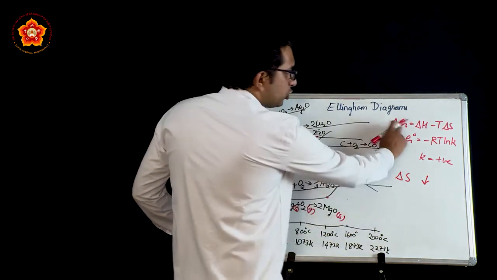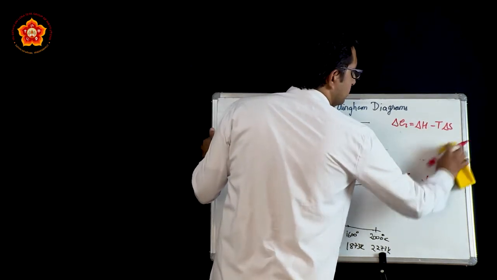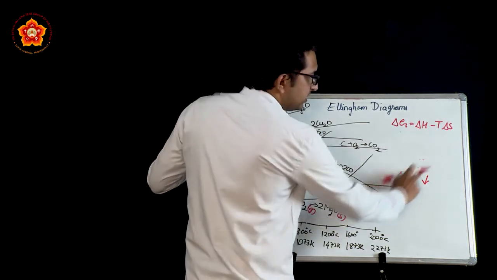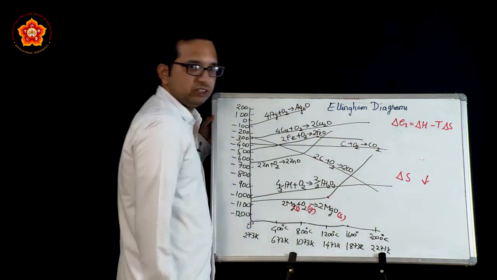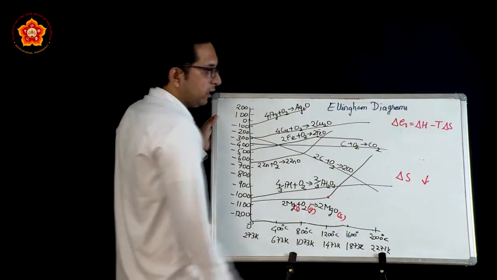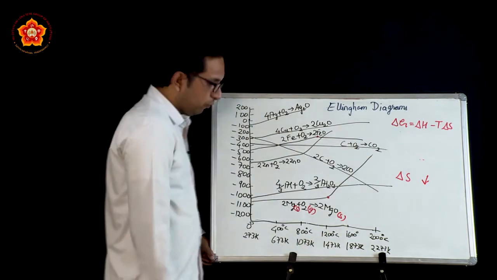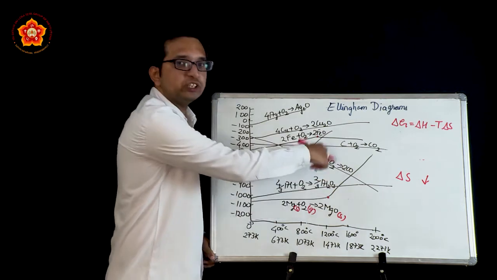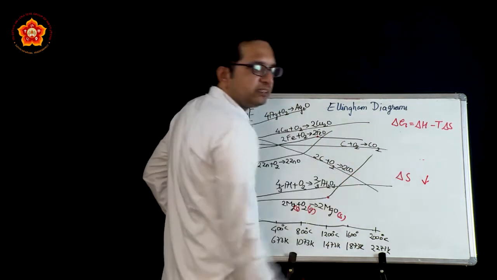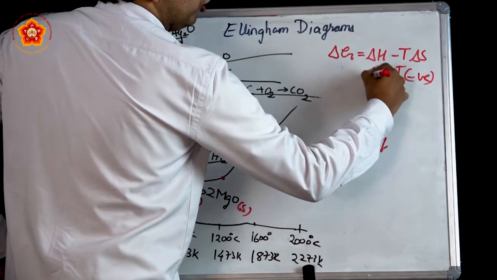So the moment I go back to this equation, which is delta G is equal to delta H minus T delta S, and I consider that the entropy is decreasing with an increase in temperature, we can see that for a particular reaction, the delta G value will go more towards the positive side, because entropy decreasing indicates that delta S also has a negative value.